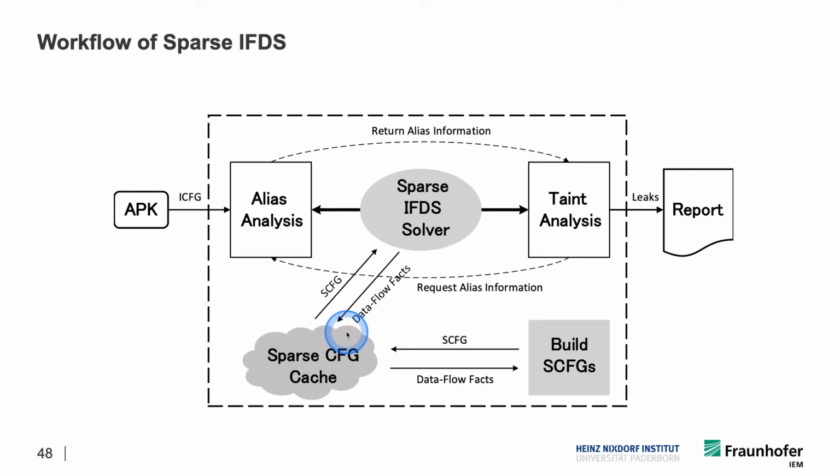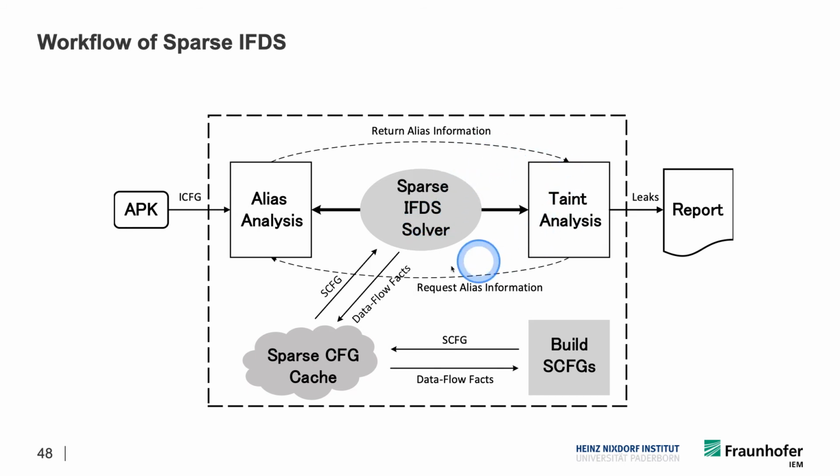It's cached here, and only if they have a cache miss, so if they find a graph not yet present in the cache, do they build it, cache it, and return it. All these graphs are created and evaluated on the fly. The actual dense control flow graph is then not really used for evaluation by the analysis any longer. It's only used to create these sparse control flow graphs, but then that's it.